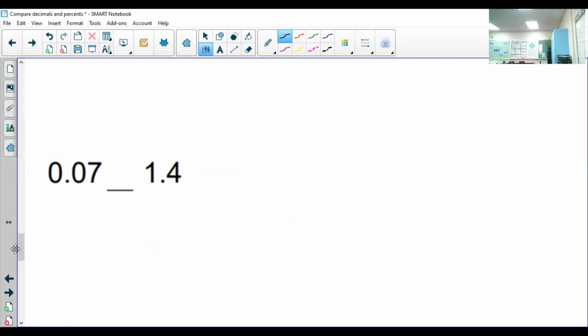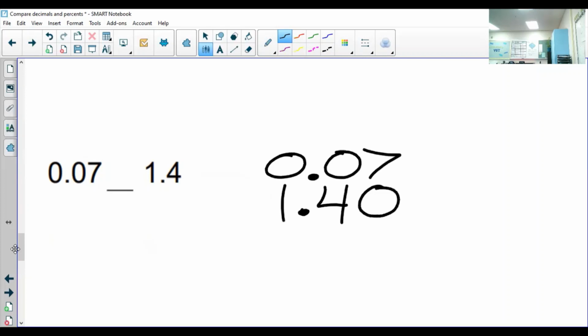All right, here's another one. We've got 0 and 7/10, or hundredths, I guess, and that'd be 1 and 4/10, my bad. We're going to fill this spot with a 0 and take a look at my place values. In the 1 spot, I have a 0 and a 1. So what's bigger? We know 1 is bigger, so I'm going to use the less than symbol.